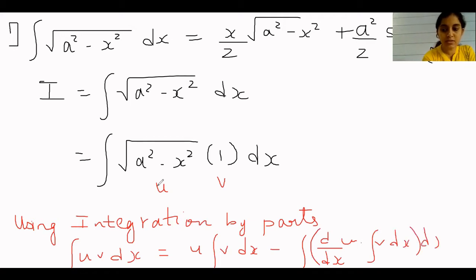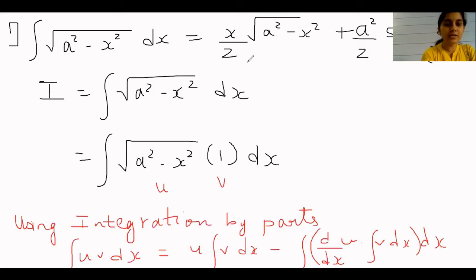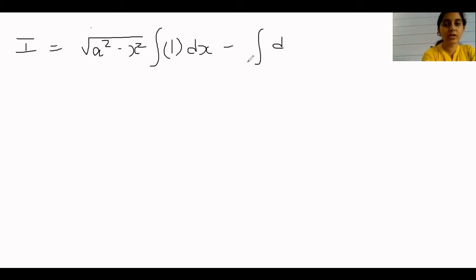Let us begin. So I will be equal to u integral v dx. What is u? Root of a square minus x square, integration of 1 dx, minus integration of d by dx of this function, root of a square minus x square, into integral v dx, that is 1 dx.